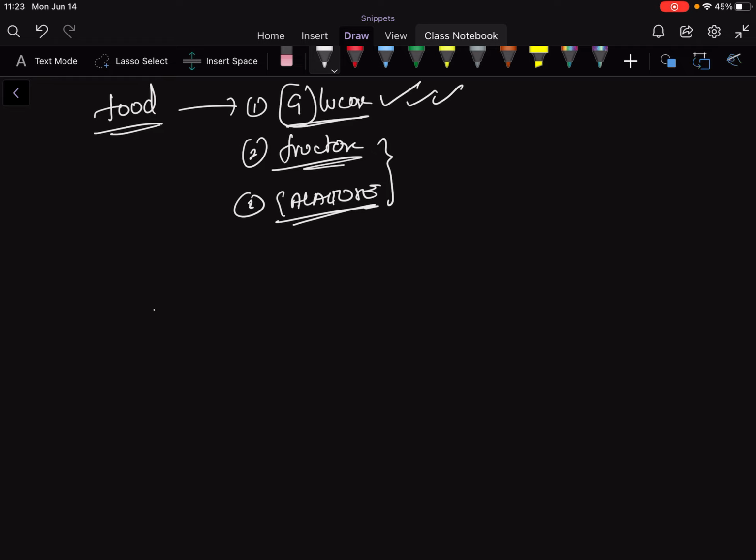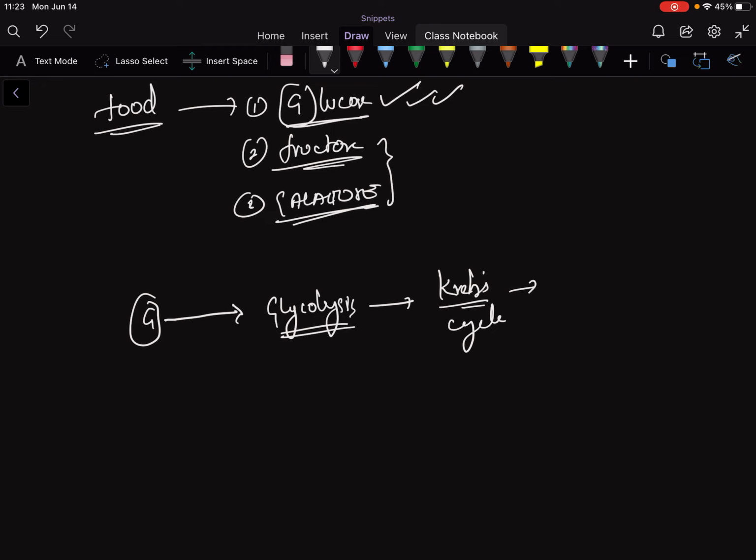So what is happening to this glucose which is taken from the food? This glucose enters mainly three pathways. The first one is glycolysis, and from glycolysis it will enter into the Krebs cycle, and from the Krebs cycle it will enter into the electron transport chain.